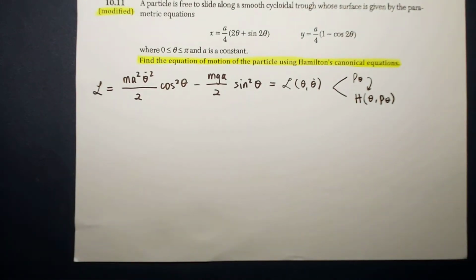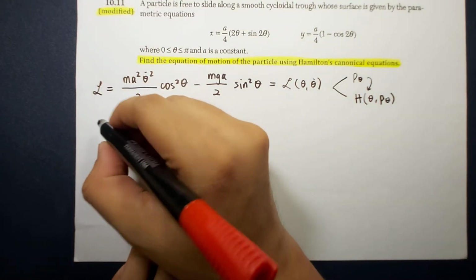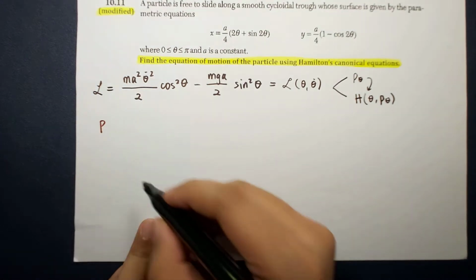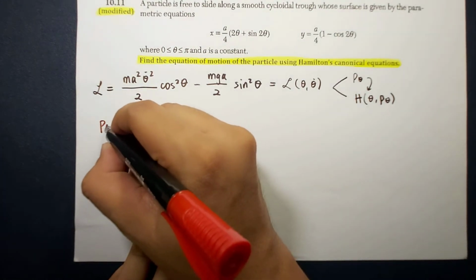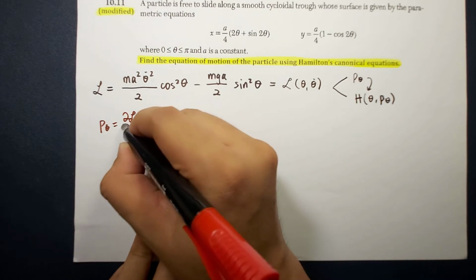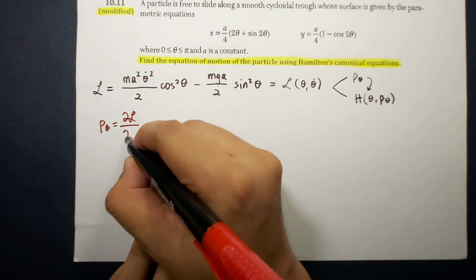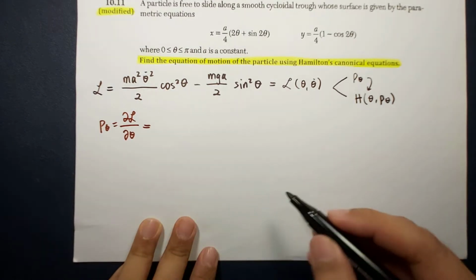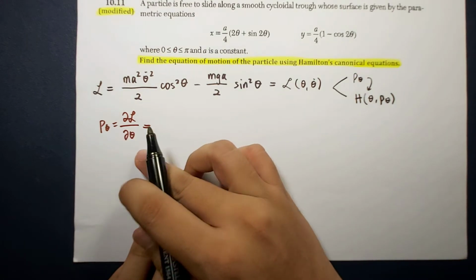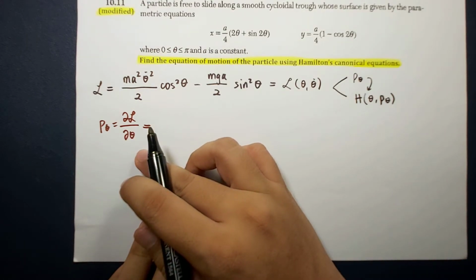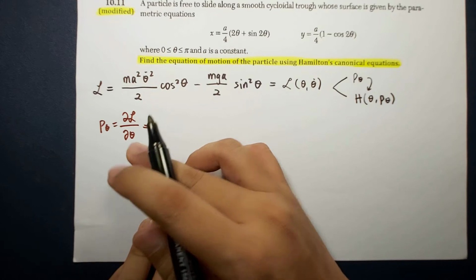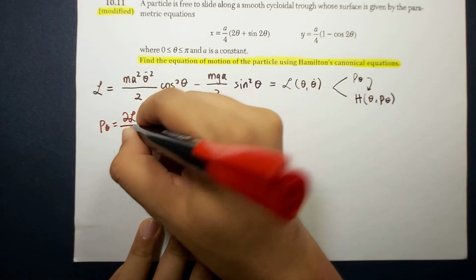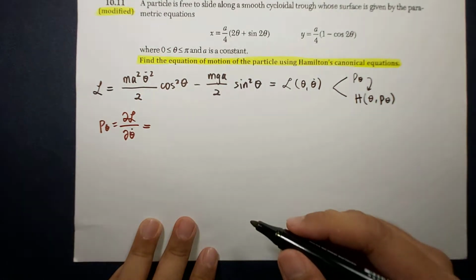The generalized momentum p theta is equal to the partial derivative of the Lagrangian with respect to theta dot.